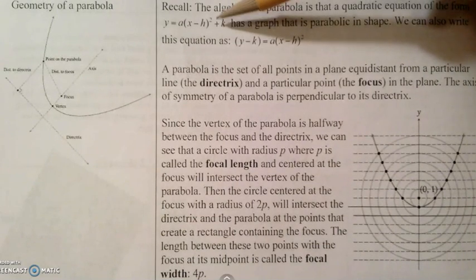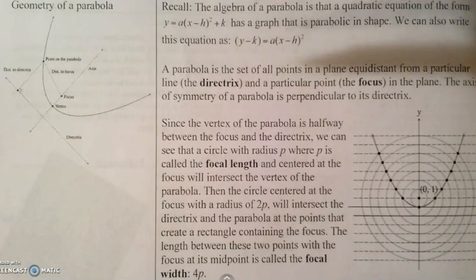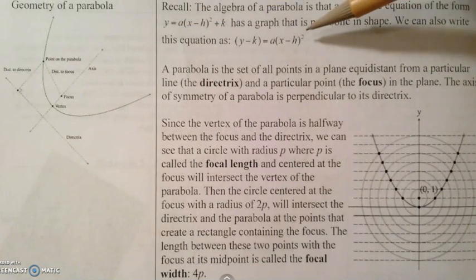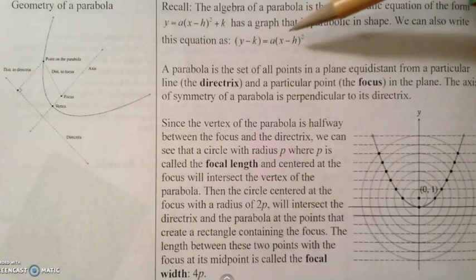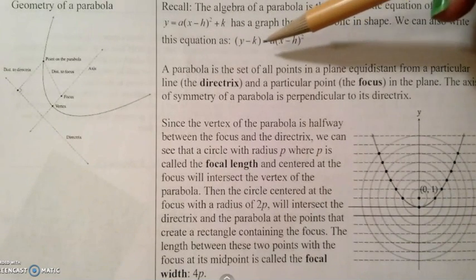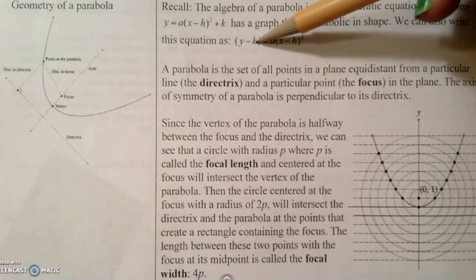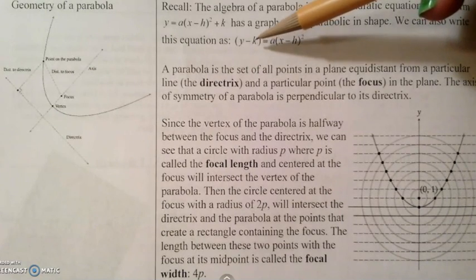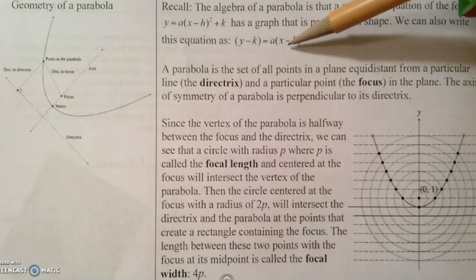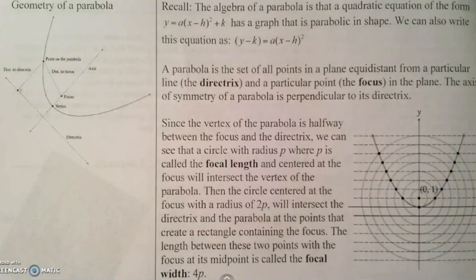If we subtract k from both sides, we get this new way of looking at the formula where we have y minus k and x minus h. Now notice if k is positive, my graph will move up. Just like when I group x and h together, h acts backwards from our intuition. When I group y and k together, it does the same thing.